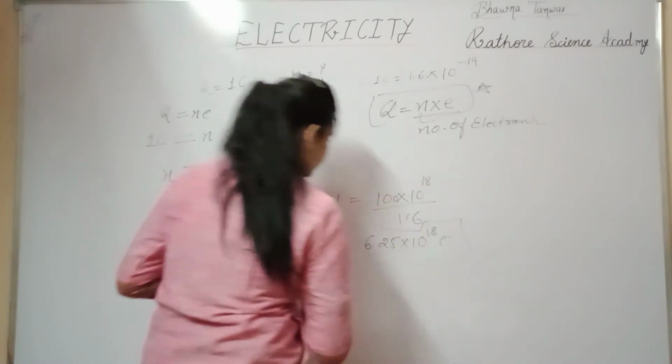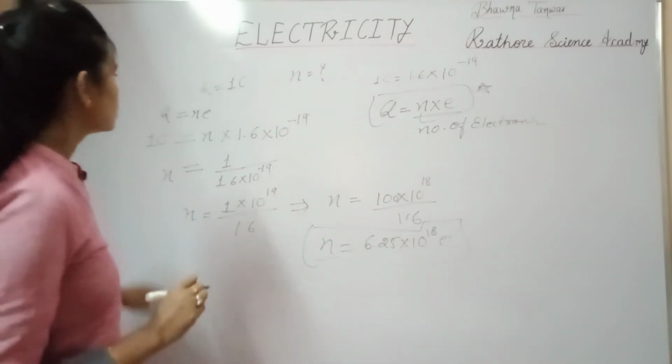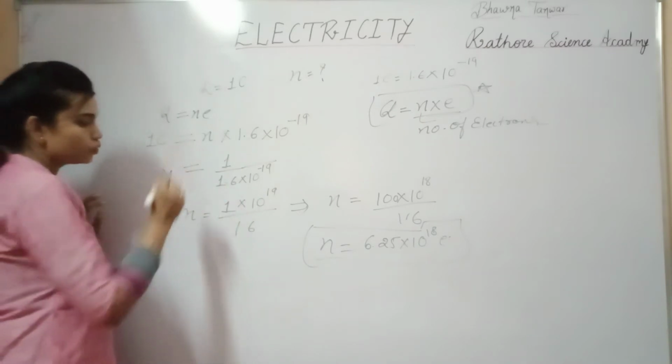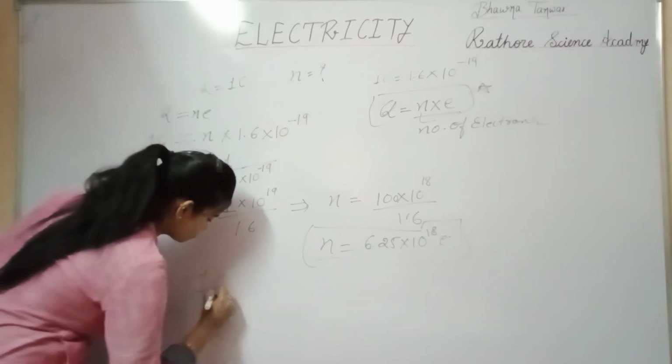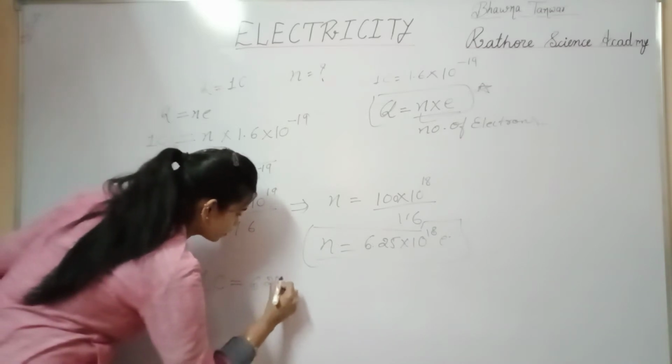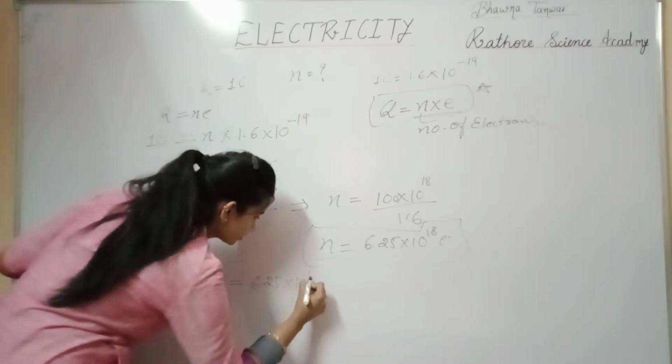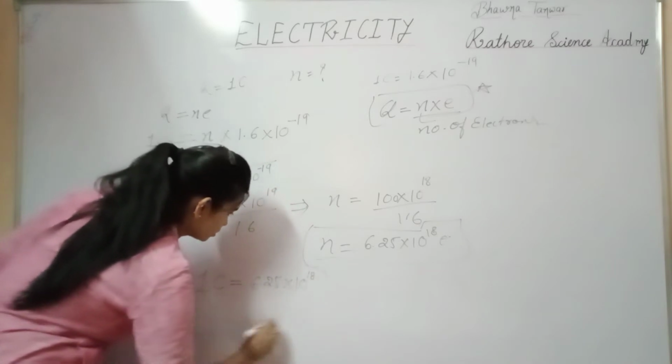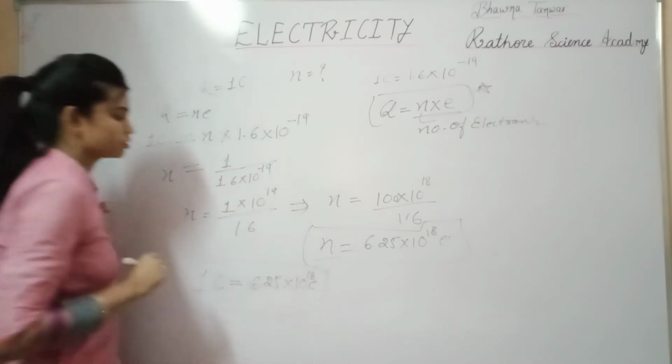That's what we were counting. So that means 1 coulomb charge is equal to 6.25 into 10 raised to the power 18 electrons.